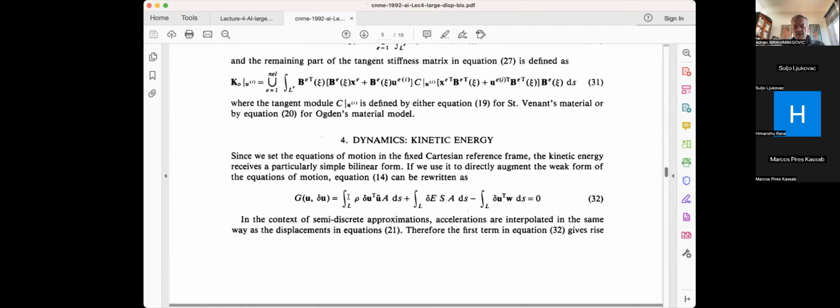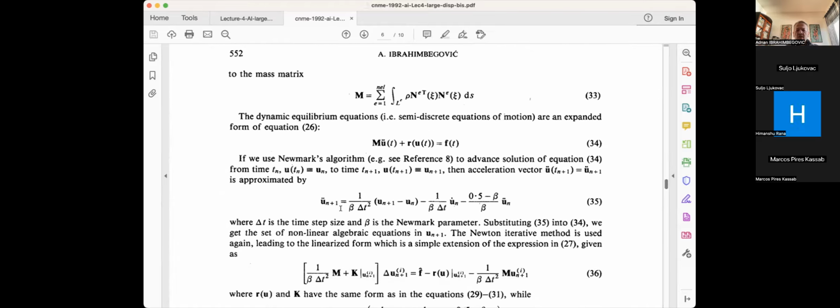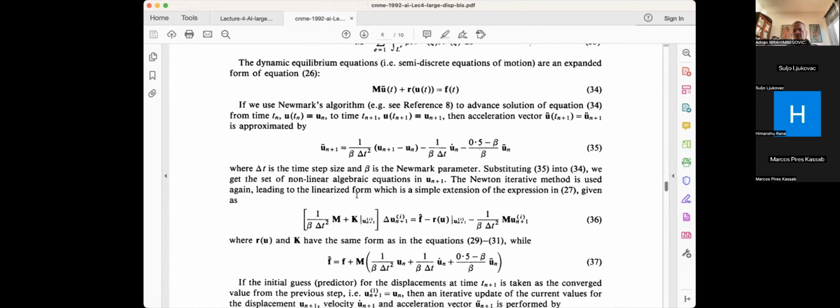That's just simple quadratic form, 1/2 velocity times the density times the velocity, and so on and so forth. You can add very simply the computation in the dynamics. And you have your mass matrix. So you have, instead of the static equilibrium, you have dynamic equilibrium equation that we'll talk about a little bit as we go along this week.